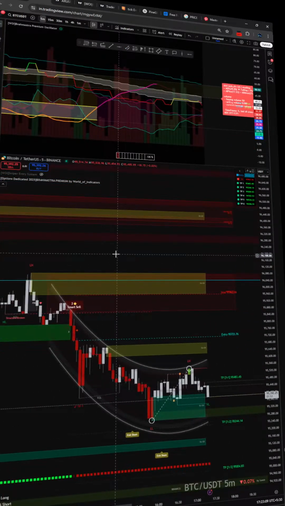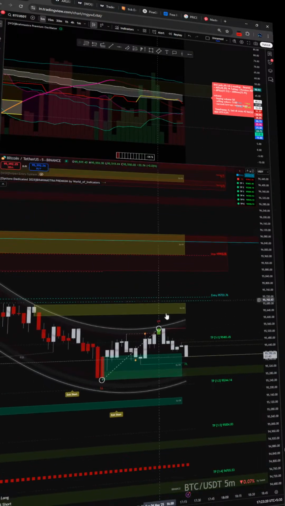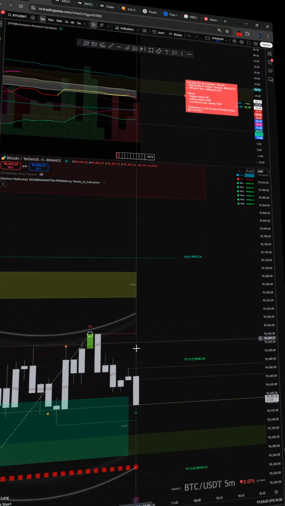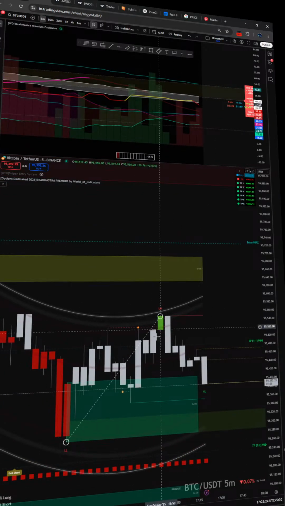You can see on the BTC 5-minute time frame the market is going down, and down, sideways, down, sideways. Here you got a bullish signal. This is manipulation. You can see this is liquidity taken.